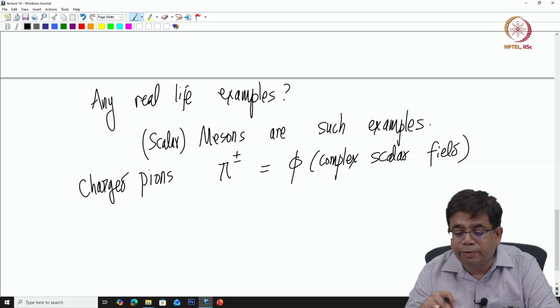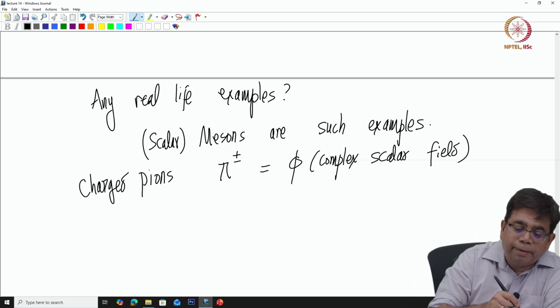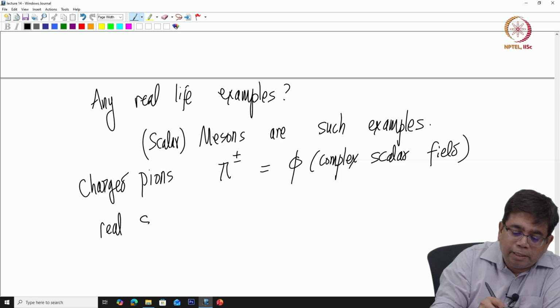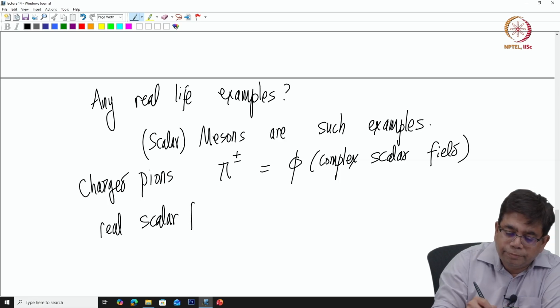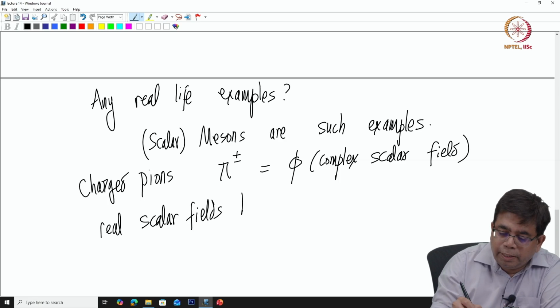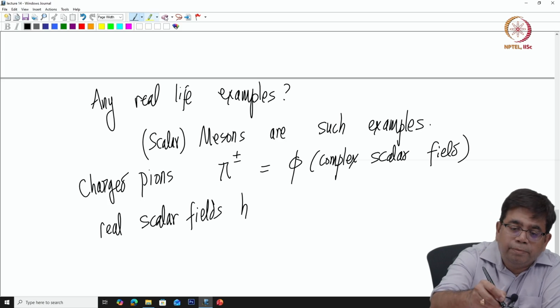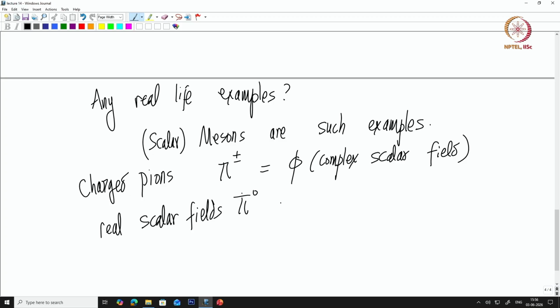Similarly, you can also have real scalar fields essentially. Okay, examples in real life of real scalar fields: before going to the Higgs, let me just say pi 0 is represented by a real scalar field. Here I should put a star to denote a complex scalar field.